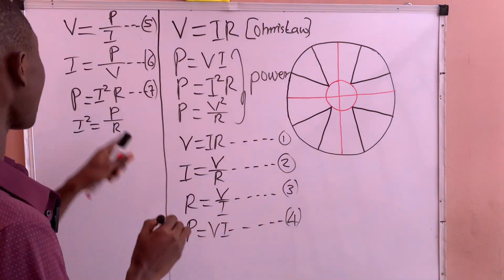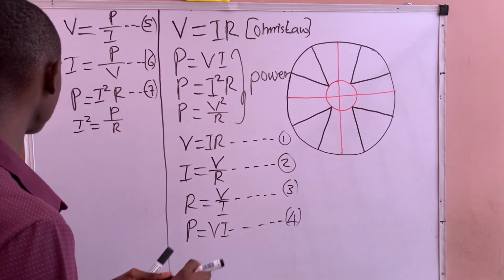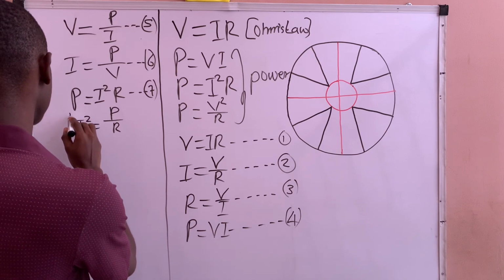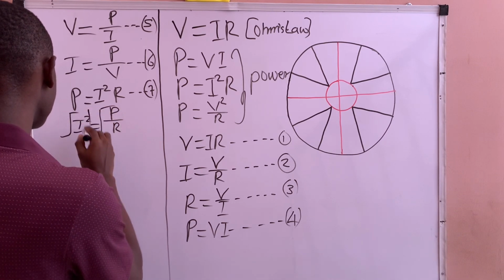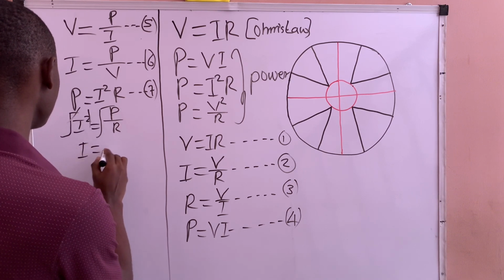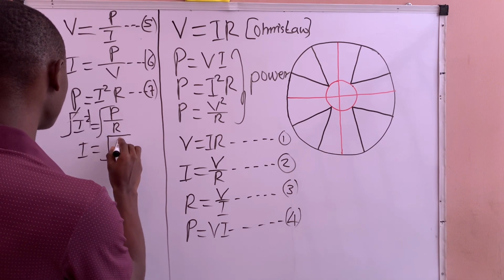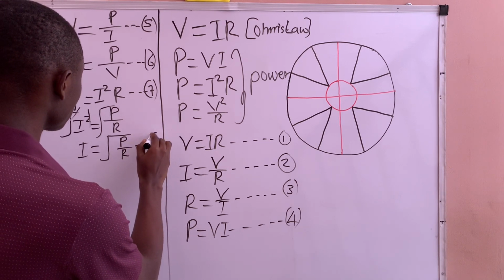But we are making I the subject, not I squared. So we take the square root of both sides. The square will take away the square root. So we will have that I will be equal to the square root of P all over R. We can make this equation 8.